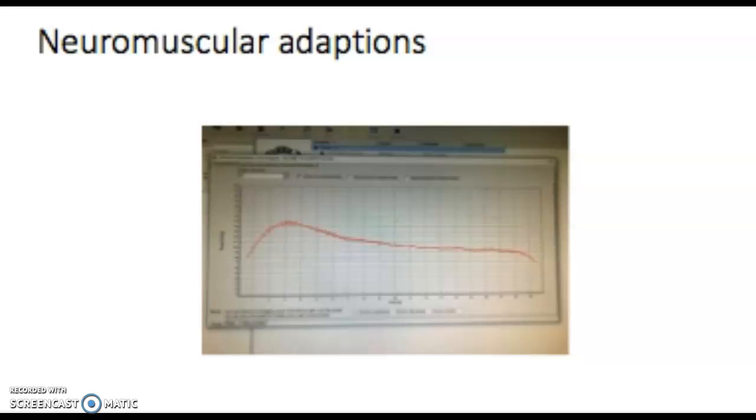The graph also shows that their peak power was just above 15 watts per kilogram, and the normative value for this is just below 11.